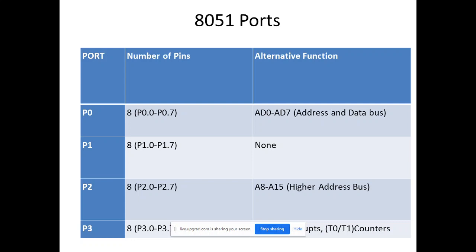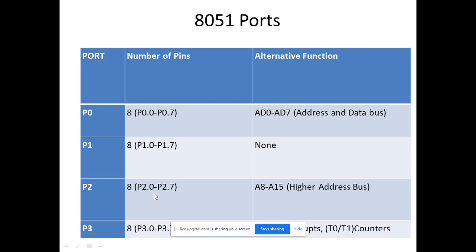Along with that, they are providing other alternative functions also. For example, P0 we are using to carry the address and data bus, the lower byte of the address along with the data bus, means these are multiplexed. Next one is port 1, which works simply with one function, that is by default GPIO.